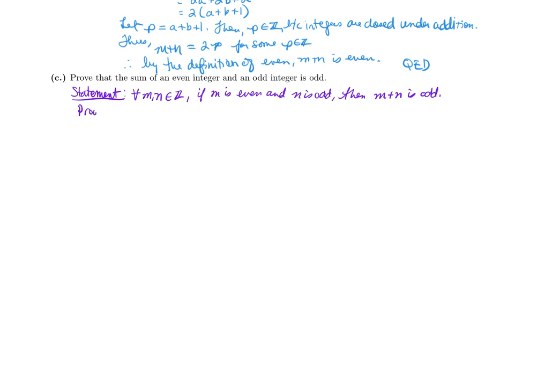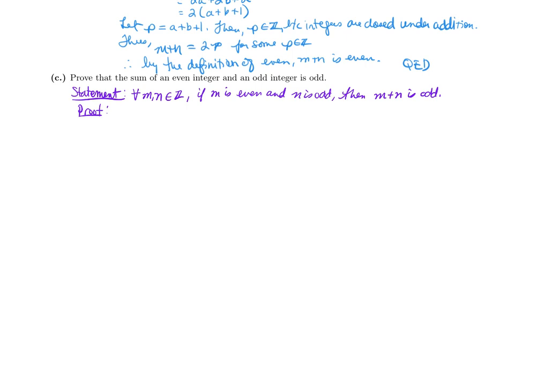And now we need to set about writing our proof. And by the very nature of even and odd, it really doesn't matter whether you choose m to be even or odd or n to be the even or odd. As long as you have one variable being even and one being odd, you have this one well in hand.